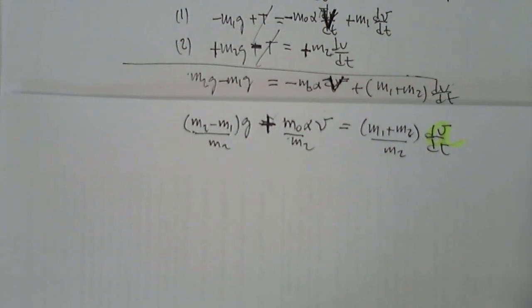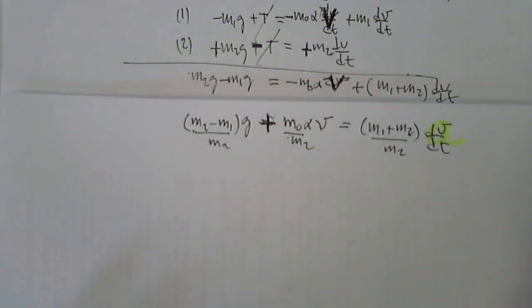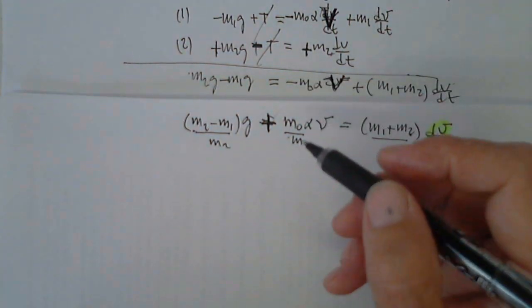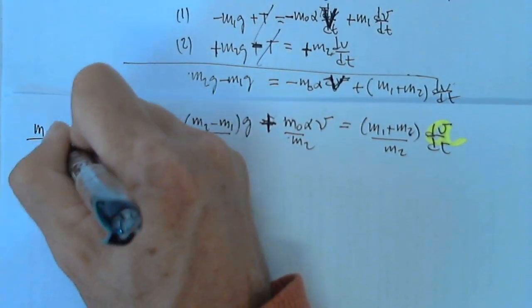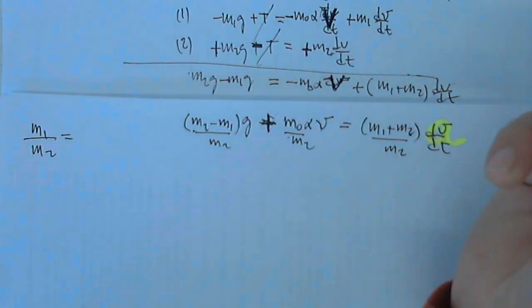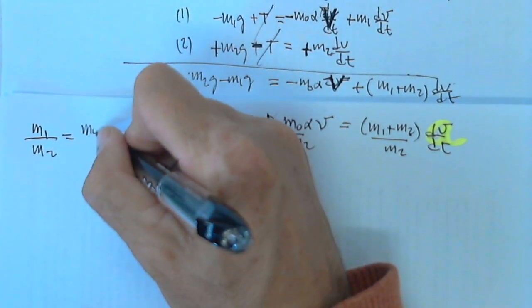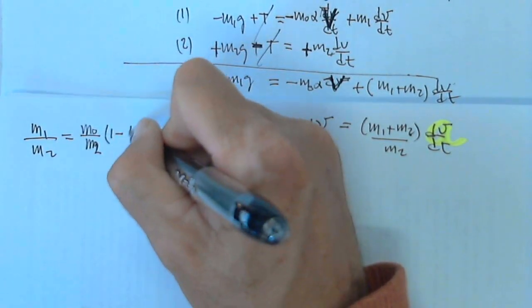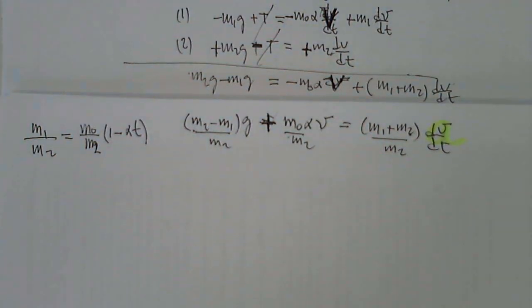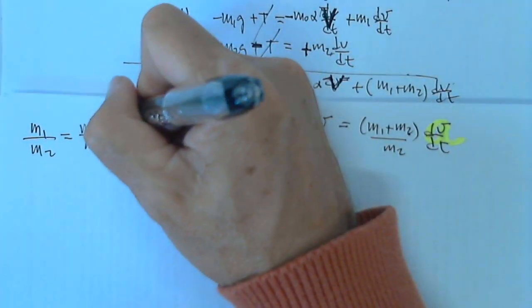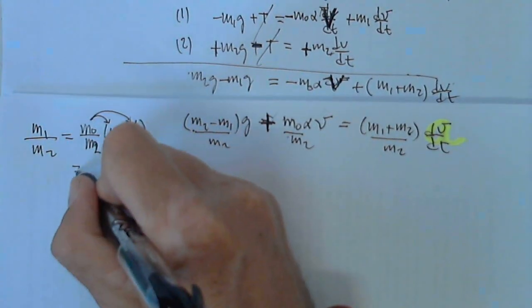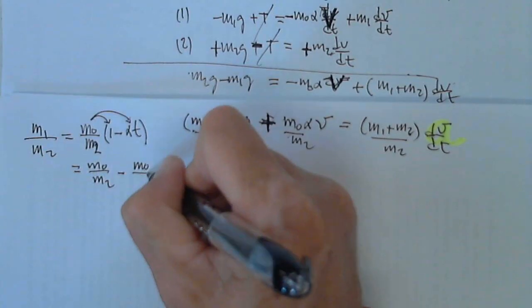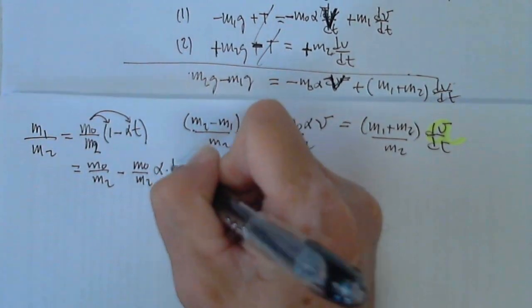Remember that M1 divided by M2 is M0 divided by M2 minus alpha t, and if I distribute this, I get M0 minus alpha t.